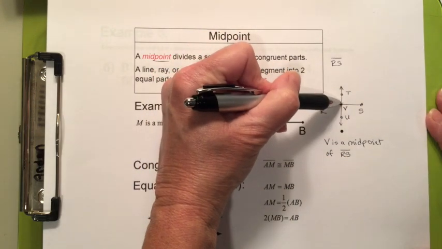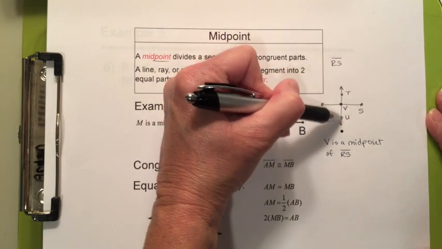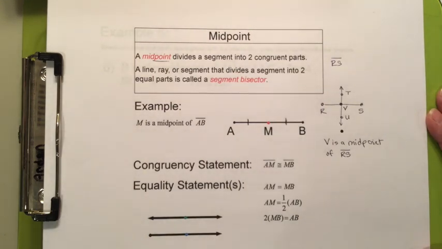But is V a midpoint of line TU? Think about it. What's the definition of a line? A line goes on and on and on forever, infinitely, right? So you can't cut it in half.